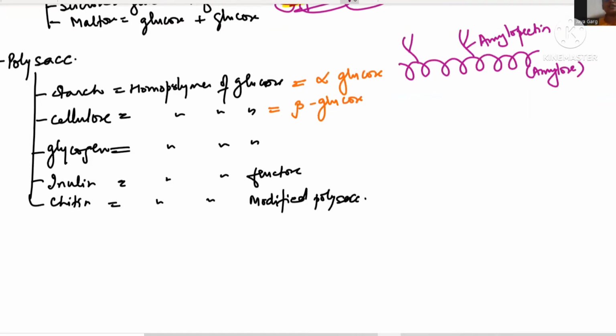Now, in the case of animals, they are also making use of alpha glucose. And see the diagram carefully. A helix will be there, but very little helix and more branching. Extensive branching will be there, meaning it is more in the amylopectin form. If you remember, beta, we discussed the term amylopectin in red algae.